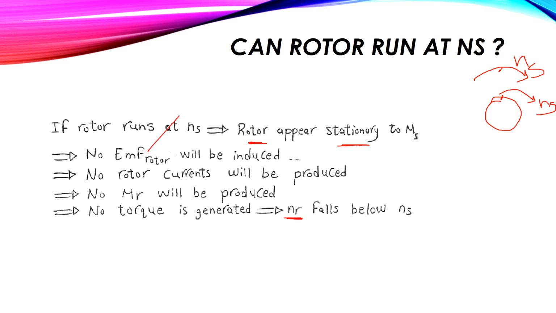Because the voltage depends on d phi over dt. When both of them are rotating at the same speed, the rotor will appear stationary to Ms, so d phi by dt will be equal to 0, and no EMF will be produced.